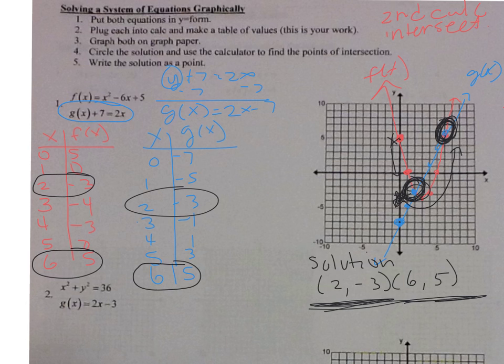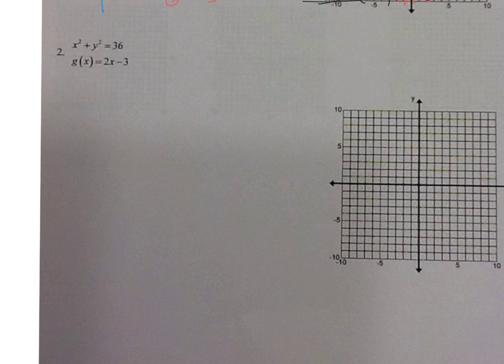All right, so the next thing we're going to do is do a linear circle. Let me just move my page down. Let's actually start with the linear, which is the g of x. Type it into your calculator, get your table of values.